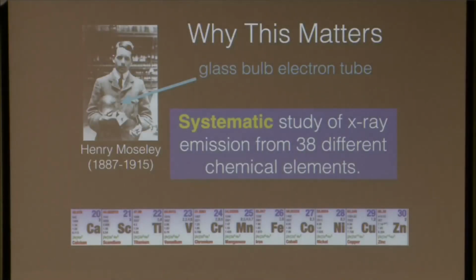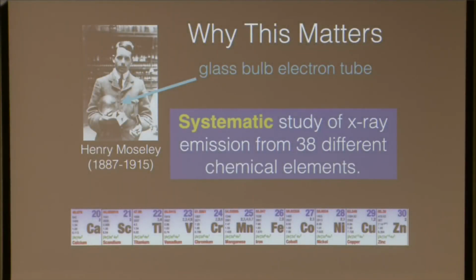Now, Henry Moseley was a brilliant scientist, and he was working with Rutherford and others. He was really interested in looking at the trends.